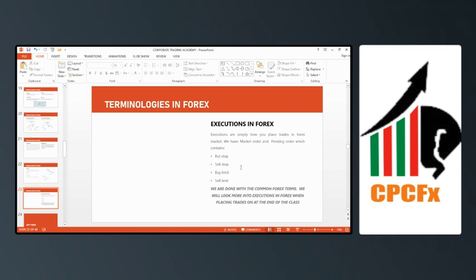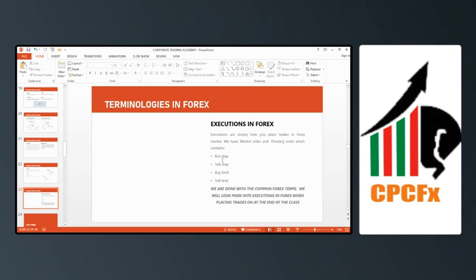We are going to be talking about them when we start the practical section. We'll teach you how you can set your buy stop, how you can set your sell stop, how you can set your buy limit, and how you can set your sell limit. These are some of the things you are going to be doing with me when we start the live session of the forex market.